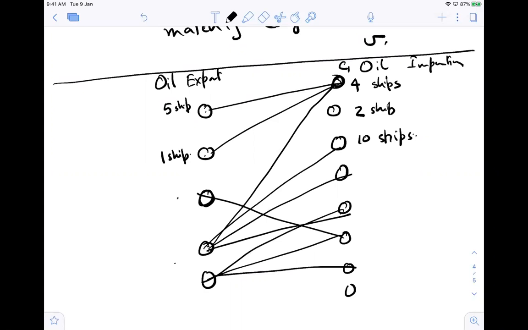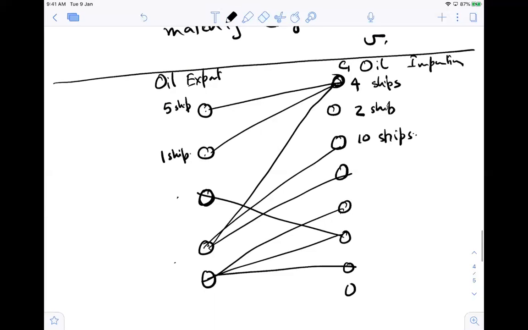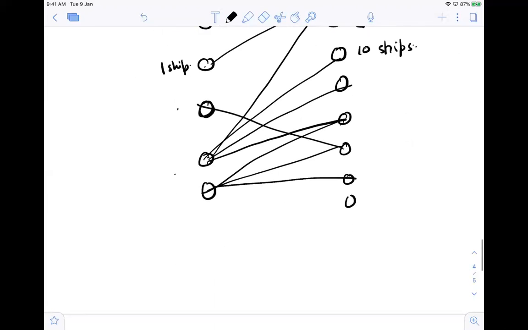Now the job, of course, of a person is to come and see that, oh, see, I want the maximum amount of oil to be going from the exporting country to the importing country. How will you solve it? What is the optimal solution? What do I mean by optimal solution? What is optimization here?